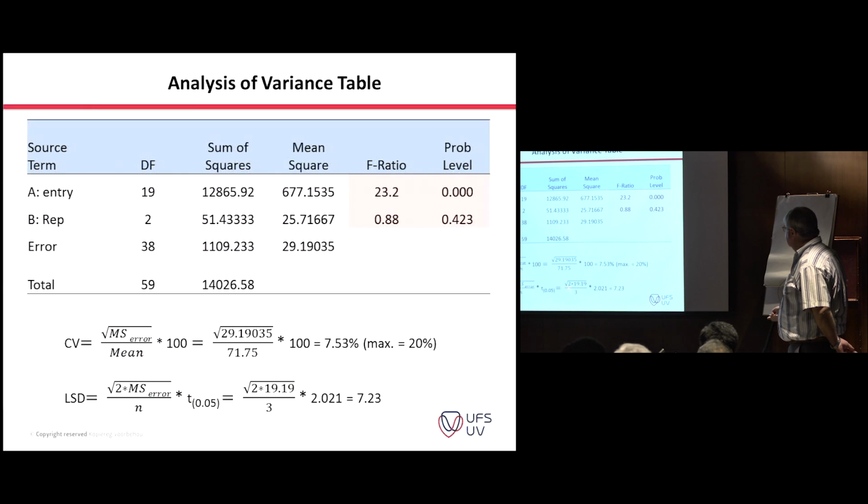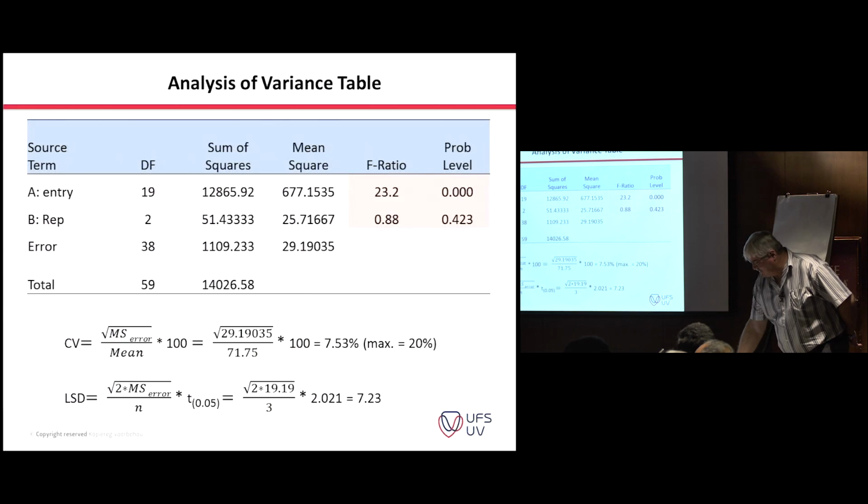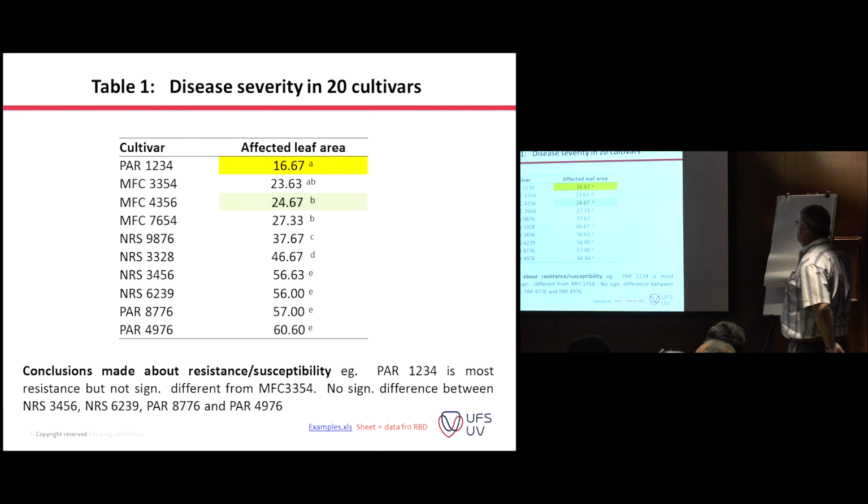So you would then work out your LSD, 2 times mean square error. It's supposed to be 29.19. Sorry, it's a misprint. I'll fix that up. Okay, divided by 3, and essentially you'd get a number like 7.23.